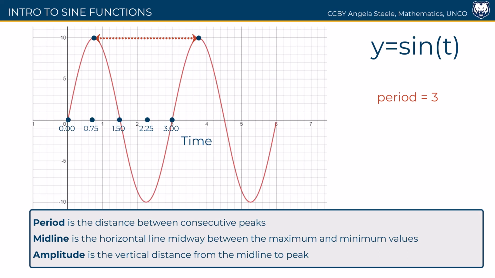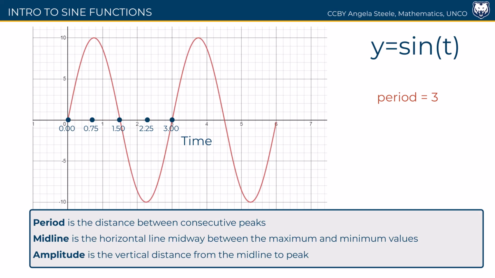As I said earlier, I like to think about it as how long does it take to complete one full cycle. So here we start at the 0, we're going all the way around, and then we've completed one full tire rotation or one cycle by the time we reach 3 minutes. So whichever idea works best for you, that's what I want you to use to represent the period. So that means that our period is equal to 3.